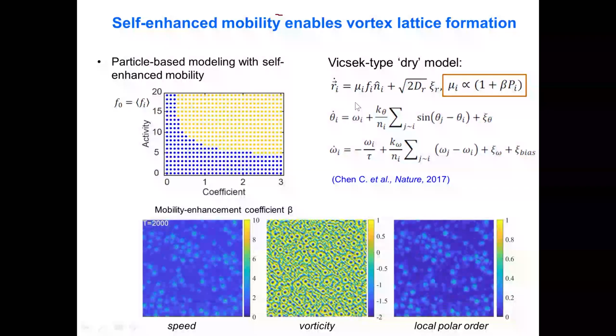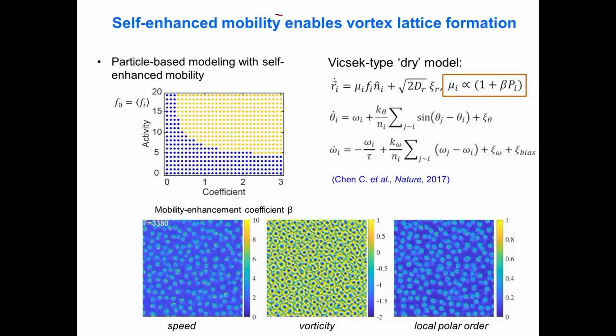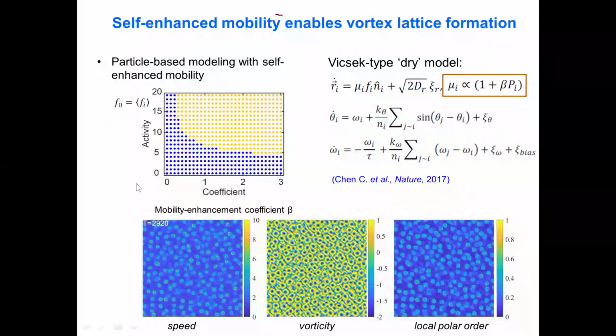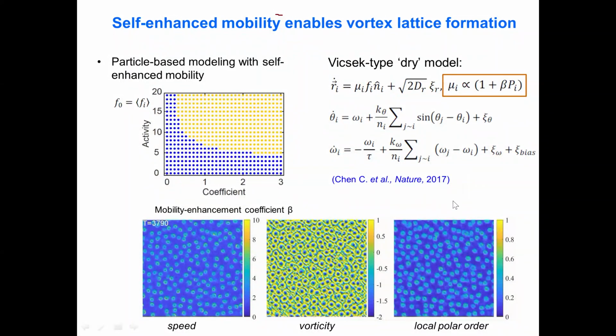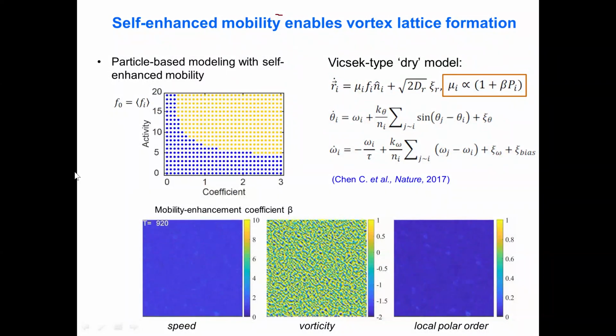If we incorporate that using a continuum description of the active fluid, we can produce highly regular hexagonal pattern of vortices. So if you are interested in that part, you can refer to our paper.